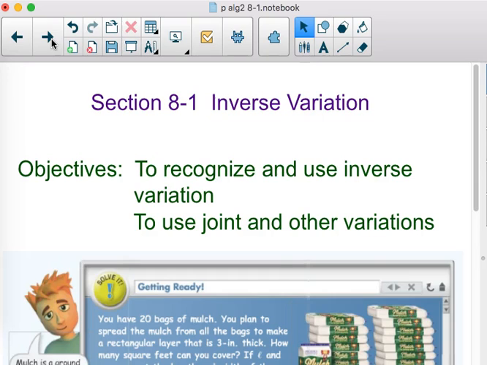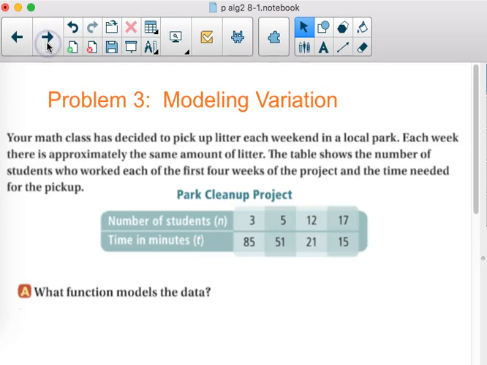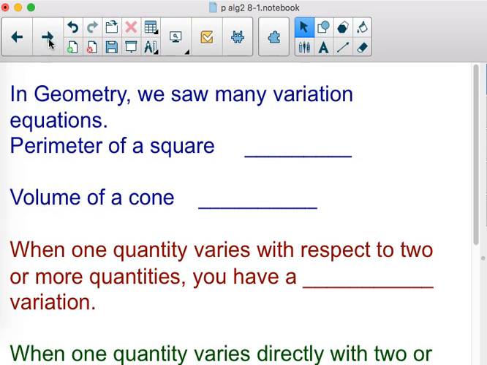So inverse, division. The rest of them are good. We went through our little mulch problem here, did some variation, and got to this point because yesterday was really just about the two basics: either direct variation, which is multiplying two things together, or inverse variation, which is using division. But there's more than that out there.